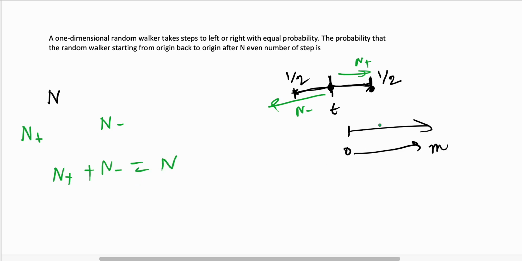And now he at least reaches step m from where he started. That means n plus in this direction, suppose the positive direction on the right side, this is right, this is left, n plus minus n minus is equal to m.